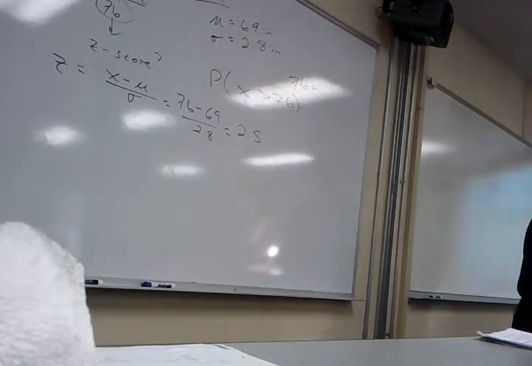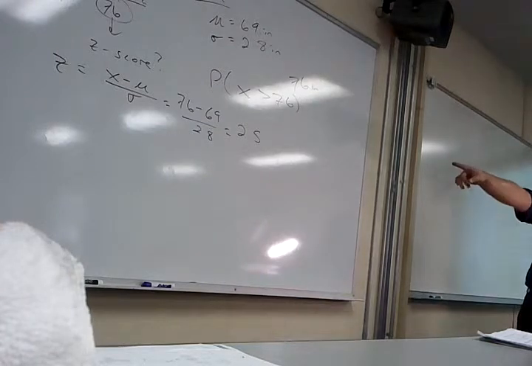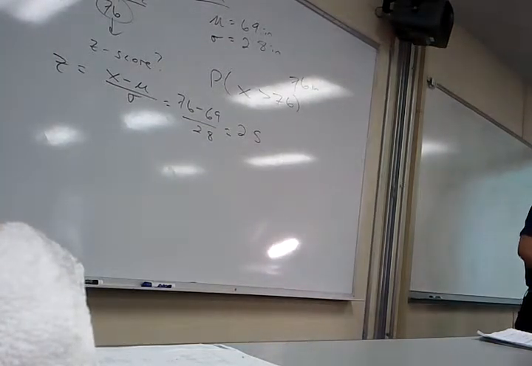Where's my 2.5 z-score, though? So here's my z-scores. 2.5 is here. And then which one of these is the answer, though? What are we looking for? Okay, 2.5 what? What was the next decimal place? Was it exactly 2.5?